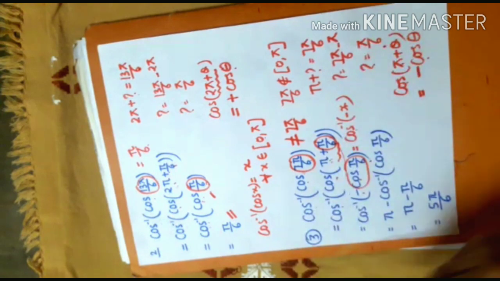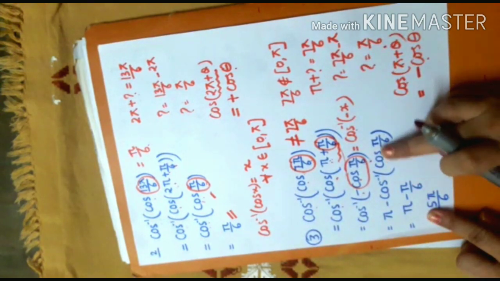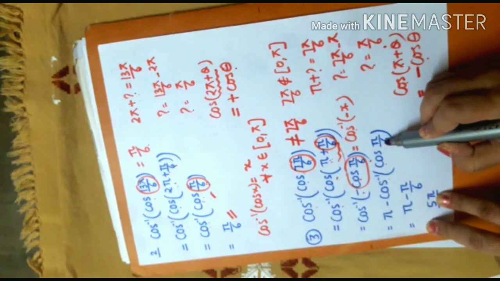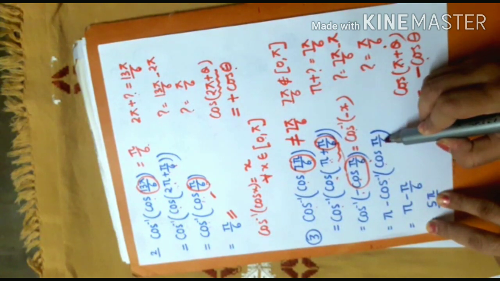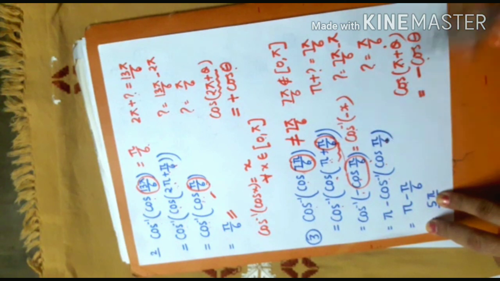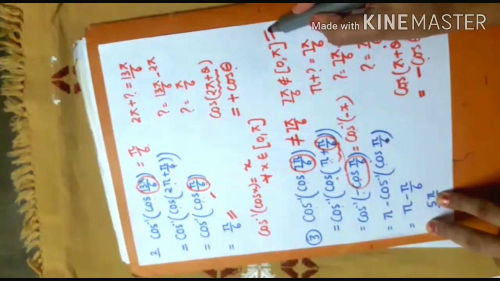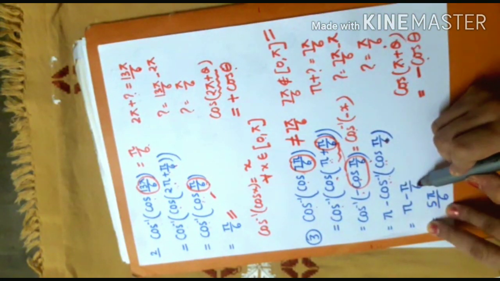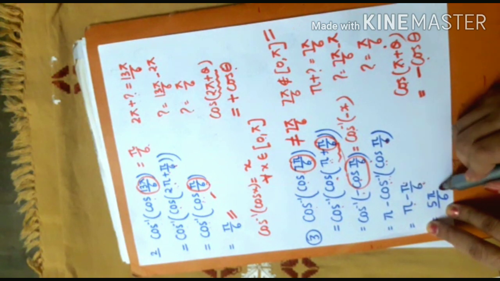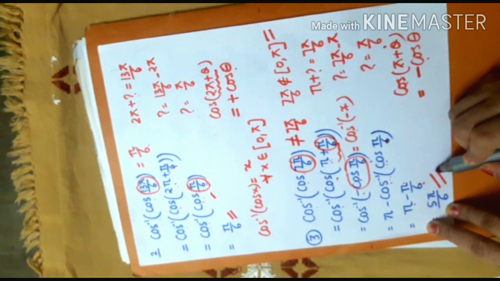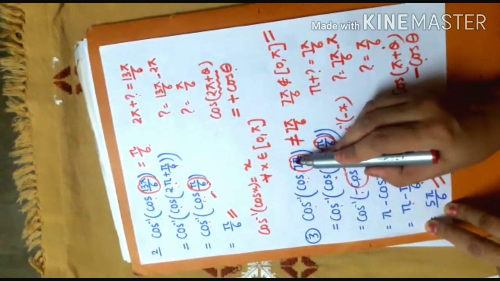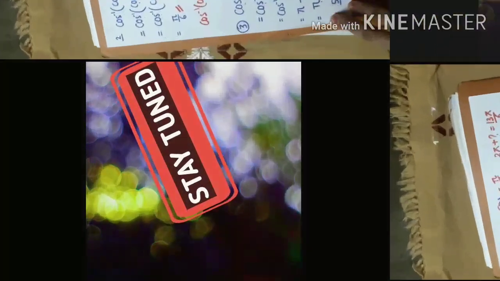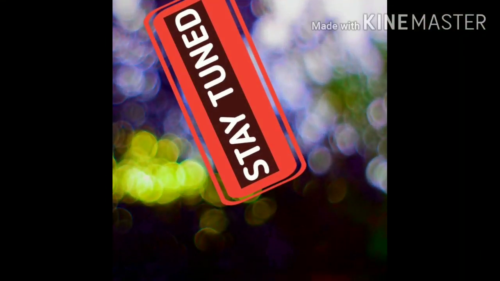So I'll get here pi minus cos inverse cos pi by 6. And yes, cos inverse cos x is equal to x when x lies in the closed interval 0 to pi. So cos inverse cos pi by 6 will be equal to pi by 6. So pi minus pi by 6 will give you 5 pi by 6. So cos inverse cos 7 pi by 6 is equal to 5 pi by 6.